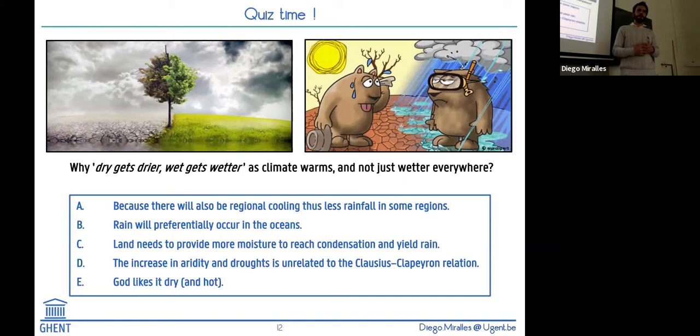So not much more evaporation, and at the same time you combine it with a warmer atmosphere. A warmer atmosphere can hold more water vapor, of course, but it also has a higher point of saturation. So to saturate warmer air, it takes more moisture. If you don't have more evaporation and the saturation point of the atmosphere is higher, then of course you're not going to form clouds, you're not going to yield rainfall. That is the reason why wet regions tend to get wetter and dry regions tend to get drier.